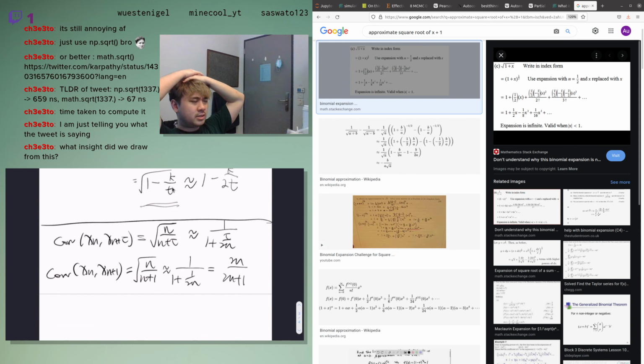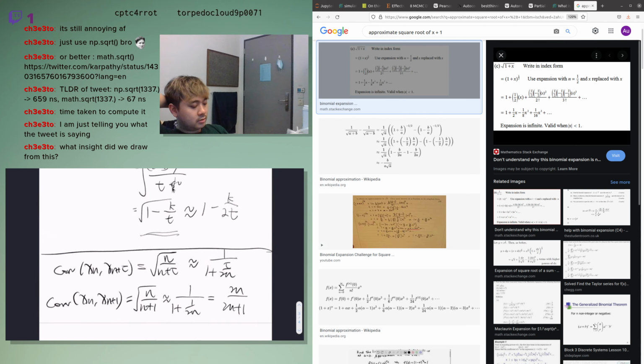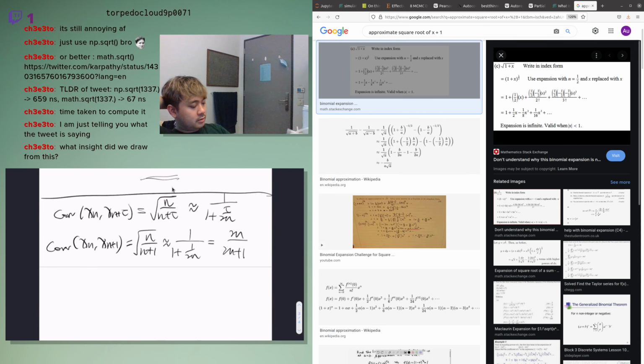That makes no sense. I mean, when n is high, this is saying it is practically 1. But each step should be equally correlated, right? It doesn't matter what happened in the past, right?